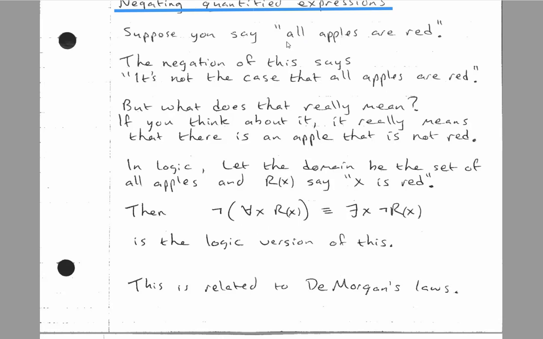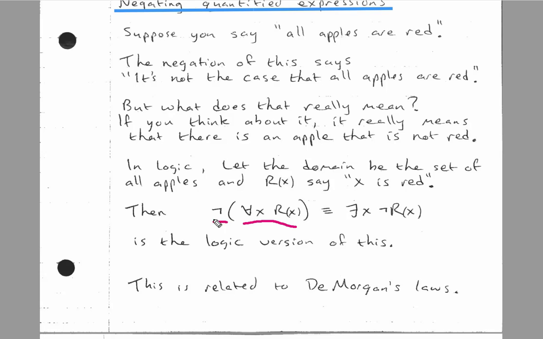Okay, so our original statement, all apples are red, looks like this: for all x, r of x. Here's the negation.